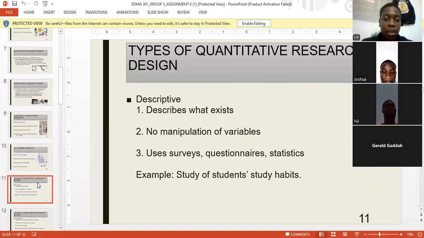Now, what are the types? We have descriptive. Descriptive describes what exists, and there's no manipulation of variables in the descriptive design. It uses surveys, questionnaires, and statistics. An example of this descriptive research design is the study of students' study habits.